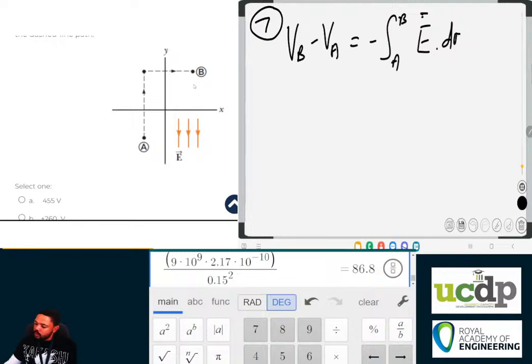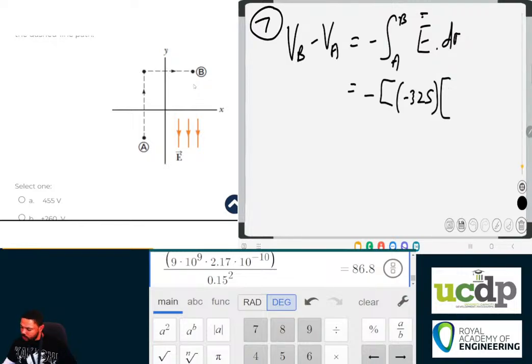Since this electric field is uniform, it's not changing, we can take the electric field outside, meaning the electric field, 325, can be taken outside, and then we just concentrate on the distances.